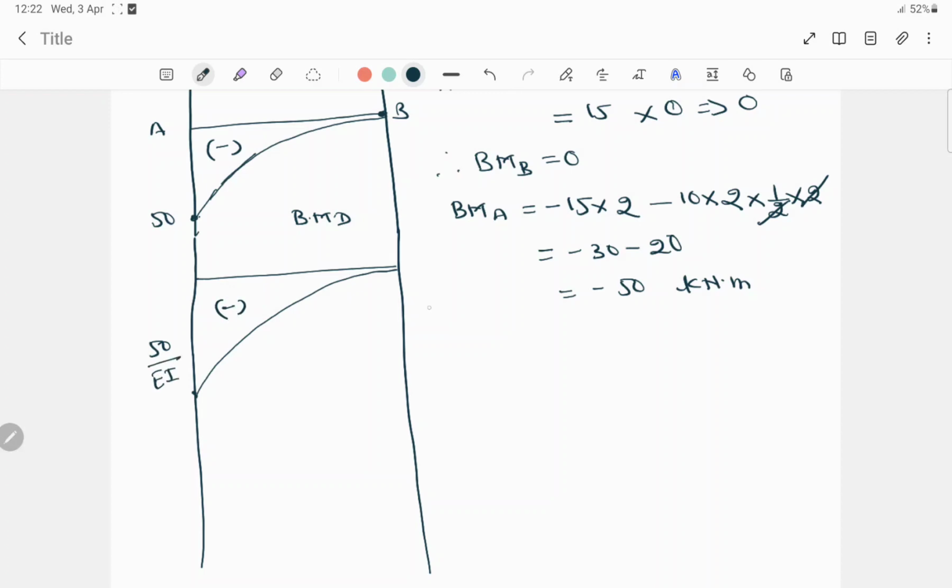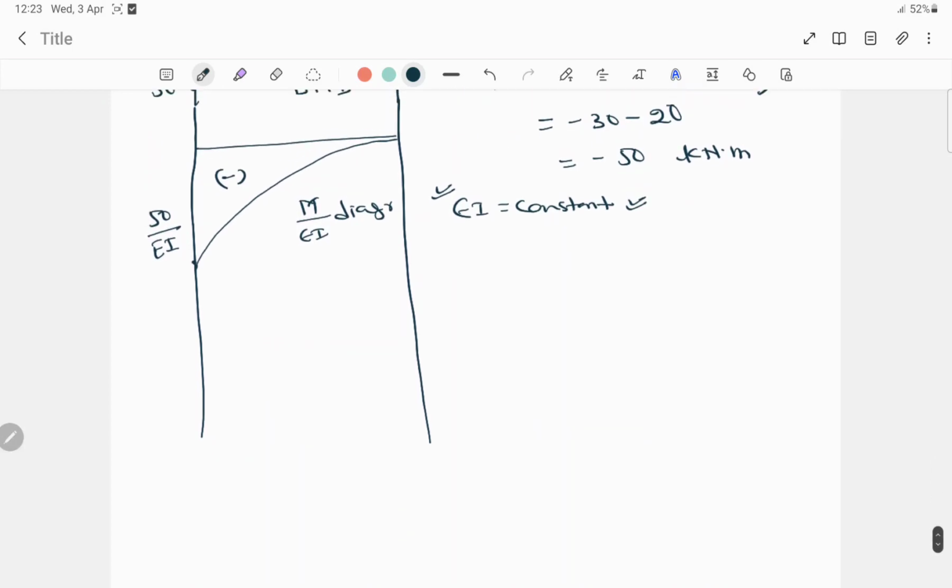It's also negative. So this is the M by EI diagram. Here EI is constant. Suppose the value of EI is given in the question, then we divide by that term and write whatever value we get. In this question the EI value is not given, so we'll take it as a constant term.